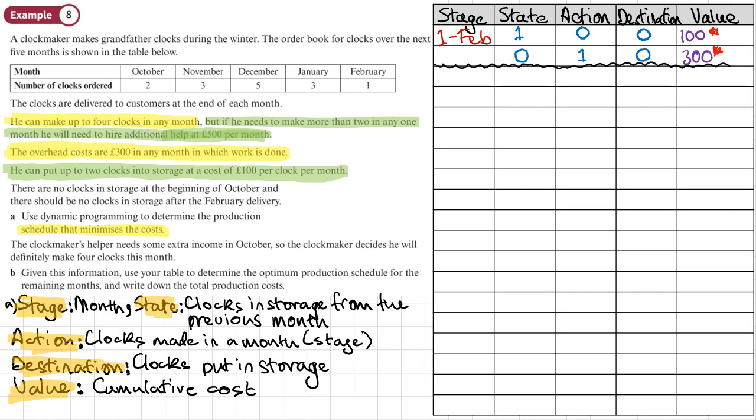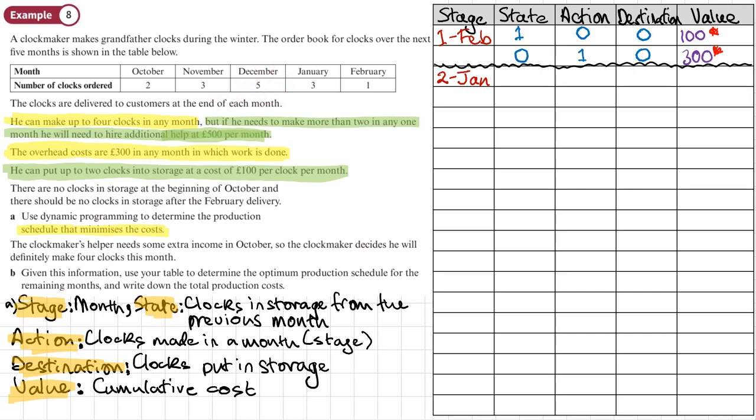So we can now move on to stage 2, which is January. Now when we get to January, we basically want 3 clocks ready at the end of January, and then maybe even have some excess, so we've got some for February. So we could have some excess from the previous month.